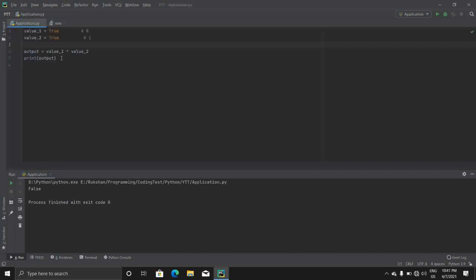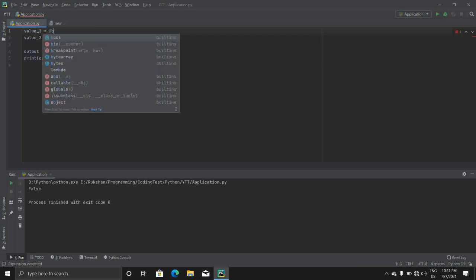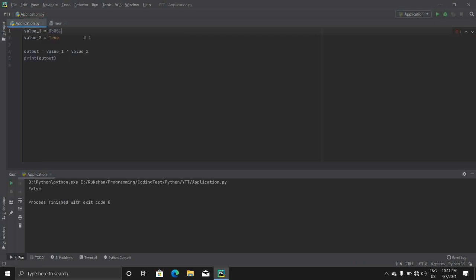Now let's talk about shifting bitwise operators. I'm going to clear these lines. No, I don't need that. I use these values as binary numbers. This is for value 1 and this is for value 2. Ignore this 0b.